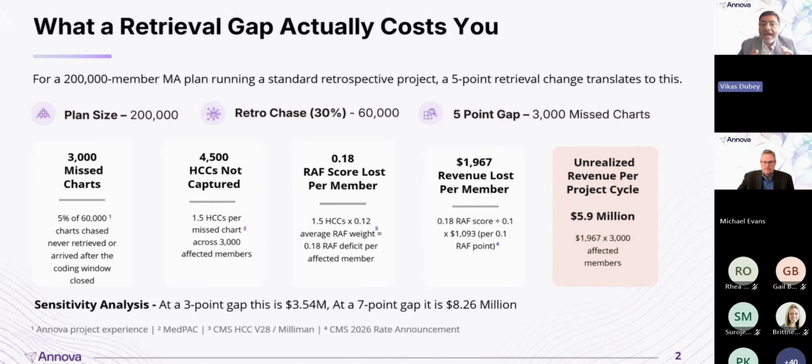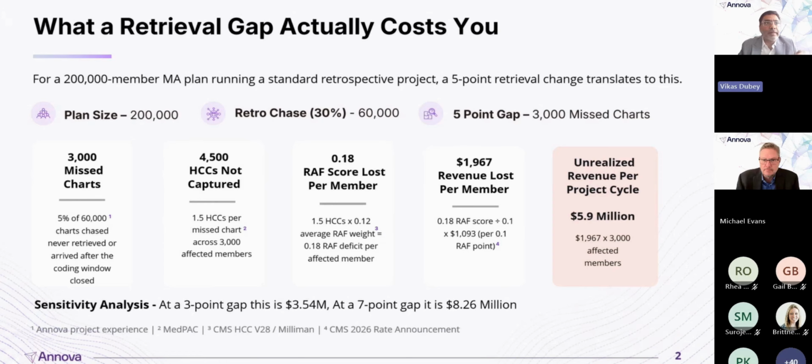And if I take a moderate figure of $1,093 for a gap of 0.1 RAF score, we are talking about $1,967 lost revenue per missing member. And if you multiply this by 3,000 members, this is $5.9 million, right?